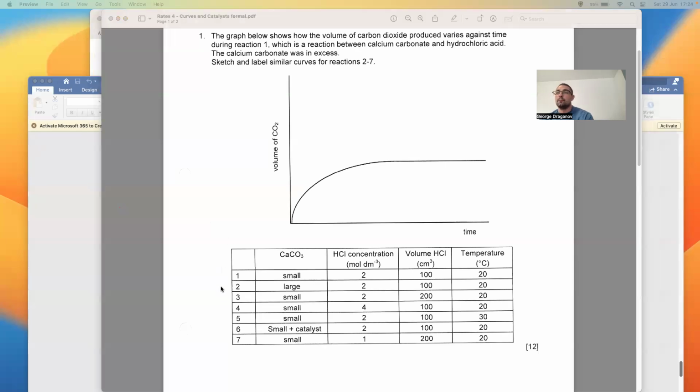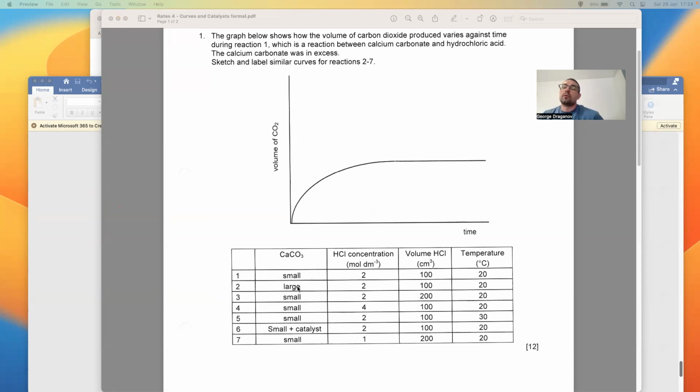Let's start with reaction 1, which is the black curve. So for reaction 2, let's see what changes. If reaction 1 has small and this one has large, think which one has the higher surface area, since everything else is the same.